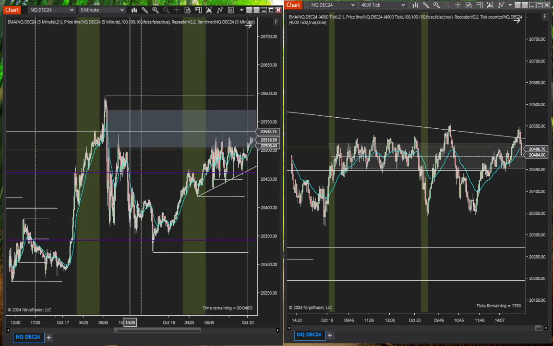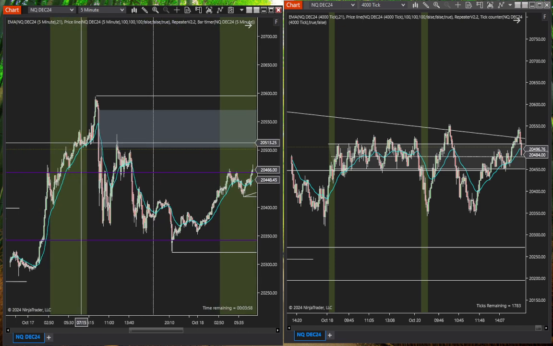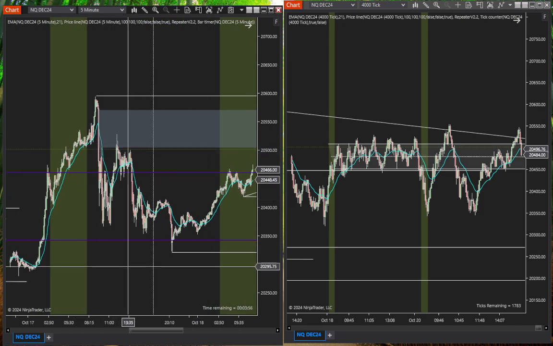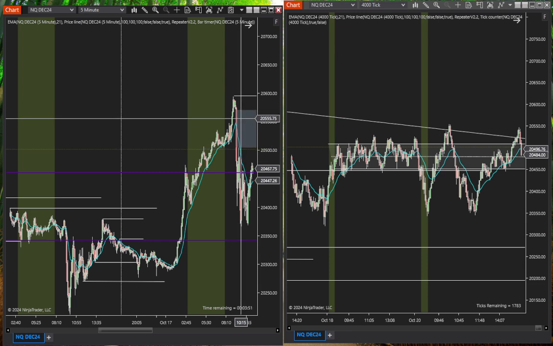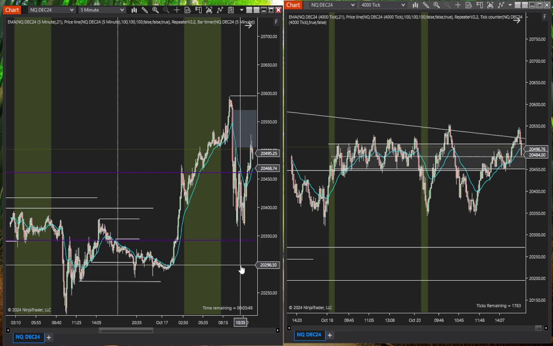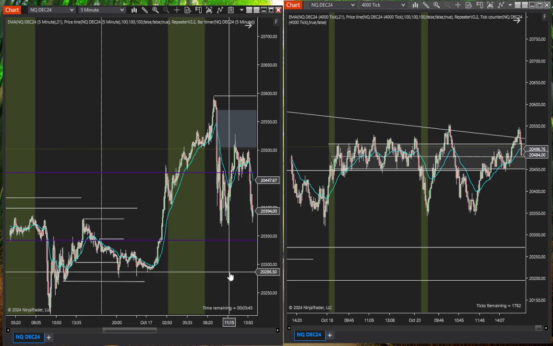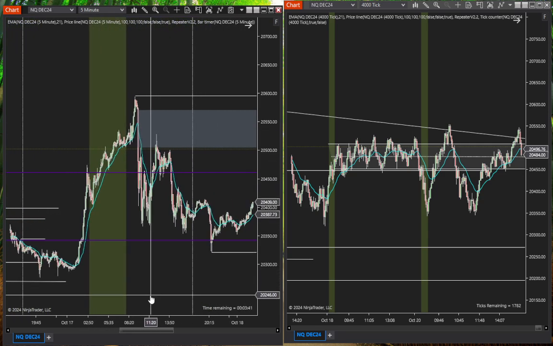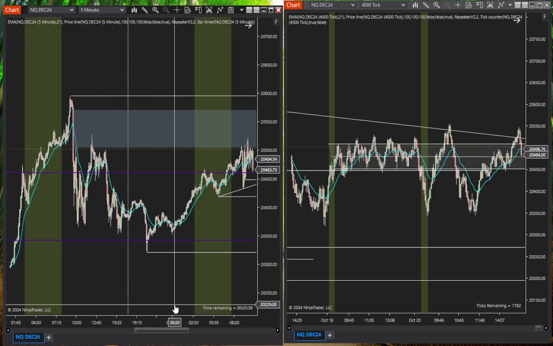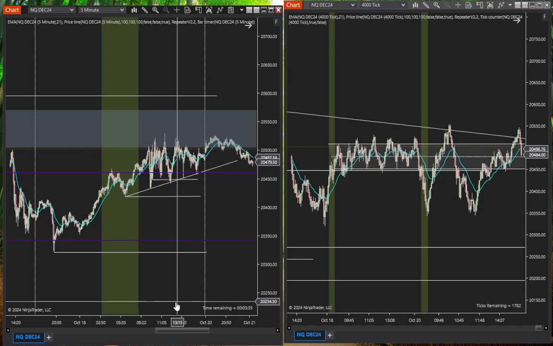All right, so we have an imbalance here. In the beginning of the day, you would have seen this. This is an imbalance. Price came up, filled some of the imbalance, sold off. Eventually, price is going to want to come up and fill the entire imbalance.